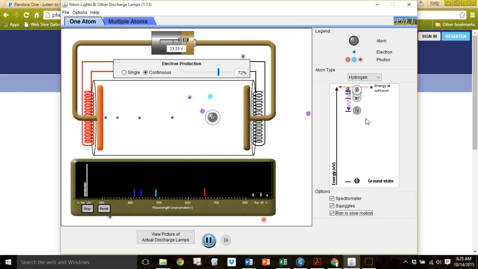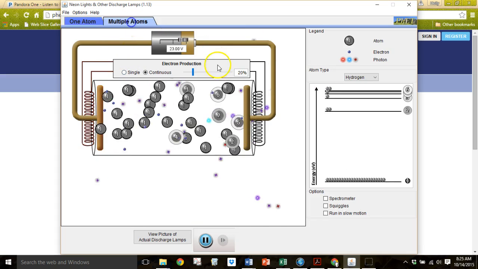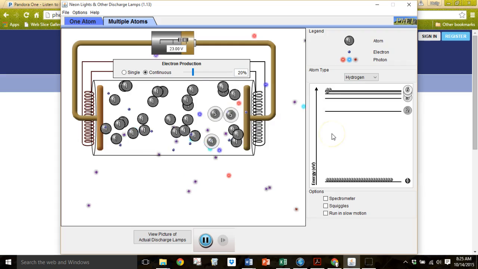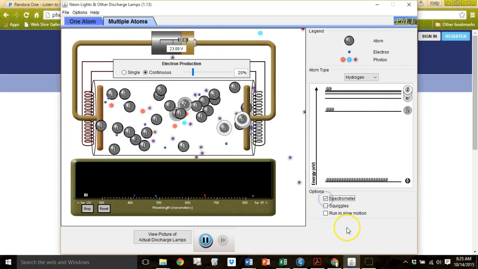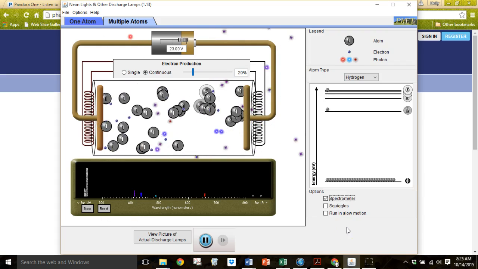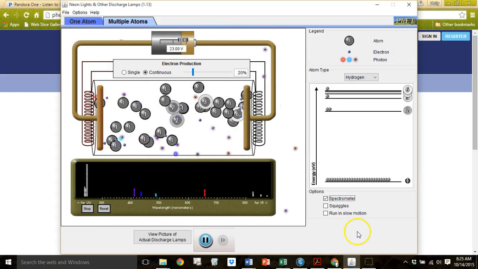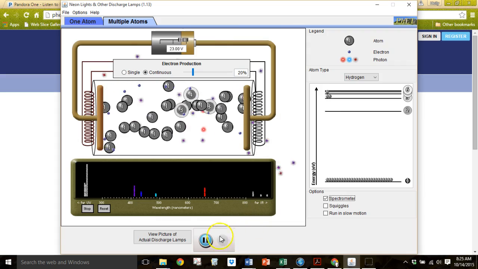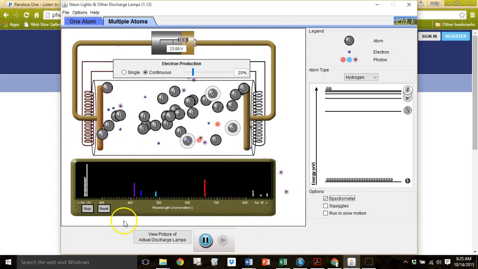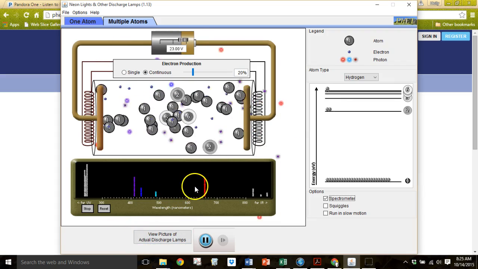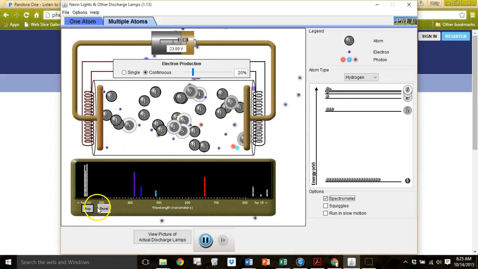For part 2, we are going to go to the Multiple Atoms tab, and we're going to start with hydrogen. We're going to put on the spectrometer. We're drawing where these colored lines are appearing on the wavelength spectrum that you have on your paper.